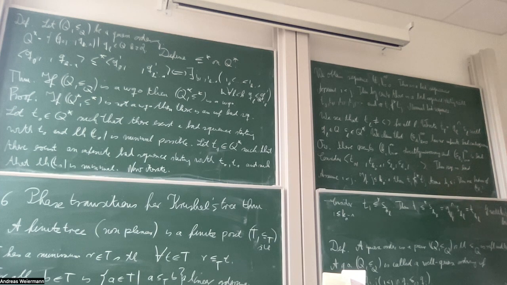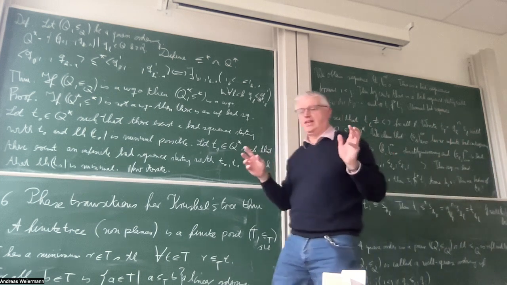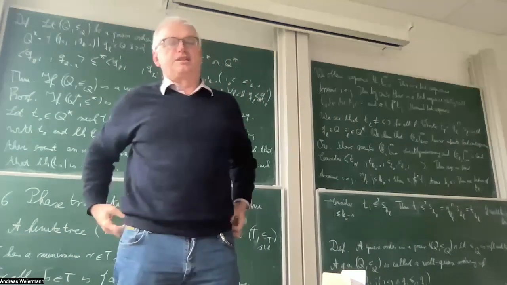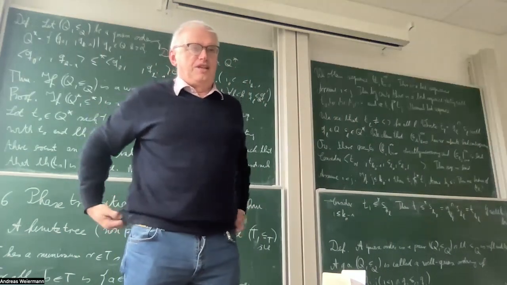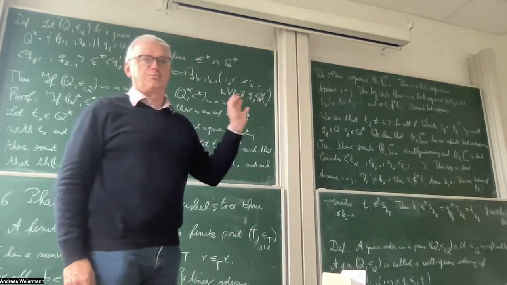And then only the first element is Q, and then we have SL in Q star. So every finite sequence can be written as first element and another finite sequence. So it's what is called head and tail in computer science. The head is QL and the tail is a subsequence.